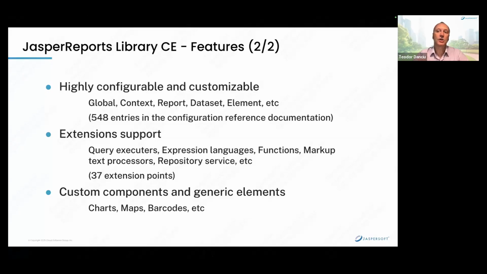With generic elements, there are pieces of content that need to be dealt with in a special way when exported to various formats. There used to be a generic element, for example, for Flash movies, but Flash is now dead. But you can always figure out, well, how do I embed a YouTube movie inside my report? We'll probably do it with a generic element like that.